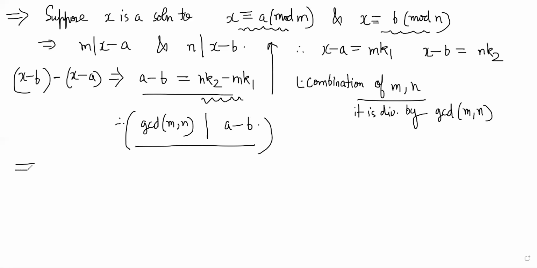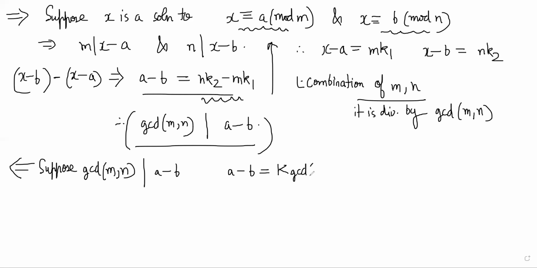The other side that we want to prove is: suppose GCD of m and n divides a minus b. Can we find a solution to this? If GCD of m and n divides a minus b, then you can write a minus b is equal to k times GCD of m and n.